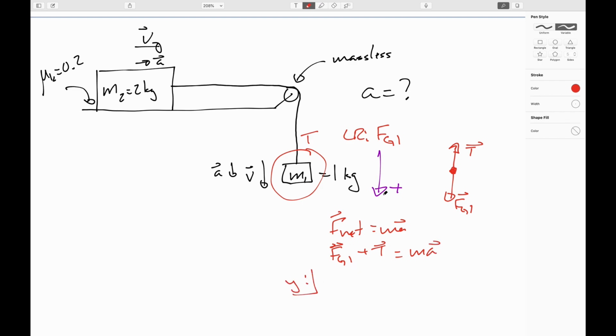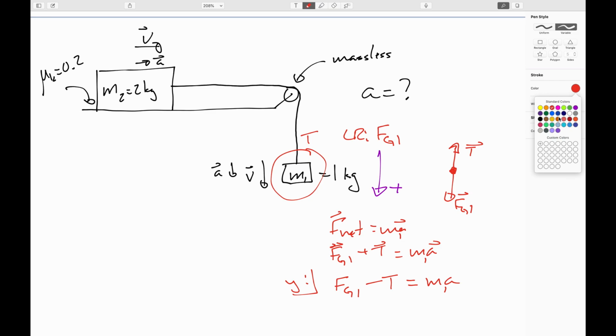Gravity is pointing down, and by decree down was positive, so it'll just be FG1. Tension is up, and I decreed that down is positive, so that means up is negative, minus T. Since I decreed down is positive and the acceleration points down, that'll just be A, which is why I did it that way. And I should make sure that all those M's are M1s since it's mass number 1. All right.